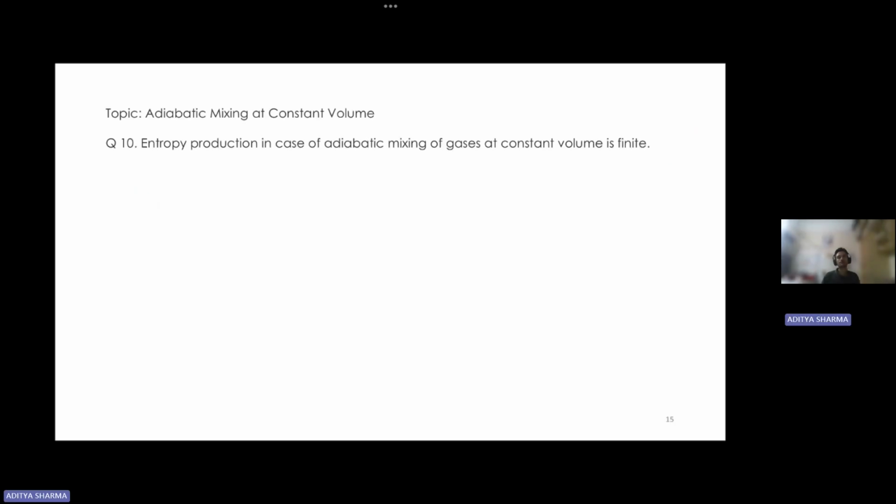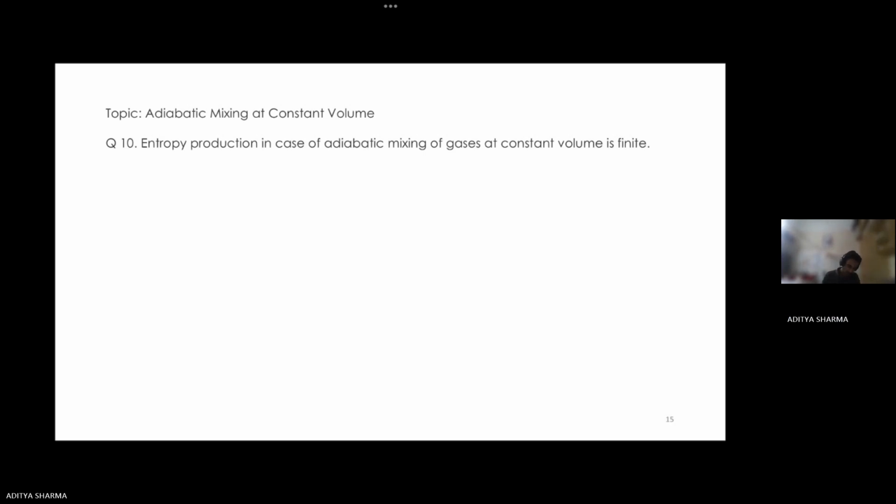So moving on to the next question, which is on adiabatic mixing at constant volume again. It's the same question, but the previous one was asking about your internal energy, and this one is asking about entropy production.